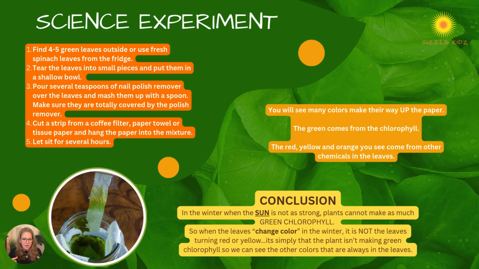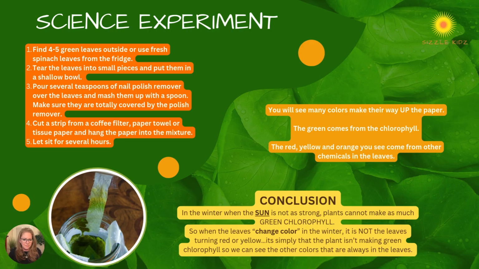But before they die, they turn these brilliant colors. And the reason why is because when there's no chlorophyll, you can see the chemicals that are red or orange or yellow, depending on the type of the leaf. So when there's no chlorophyll, you see all those colors. And that's where you get the changing of the fall leaves. It's not really actually changing anything. It's just not producing enough food for the leaves to make them green.